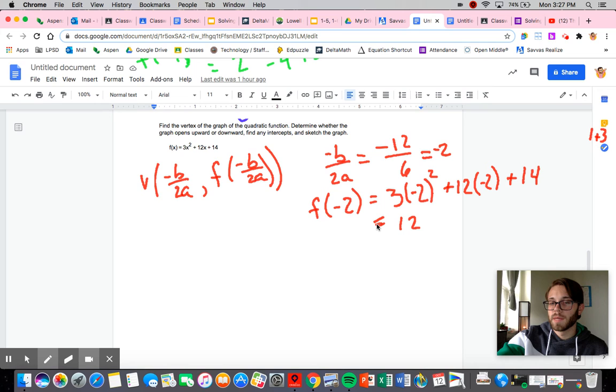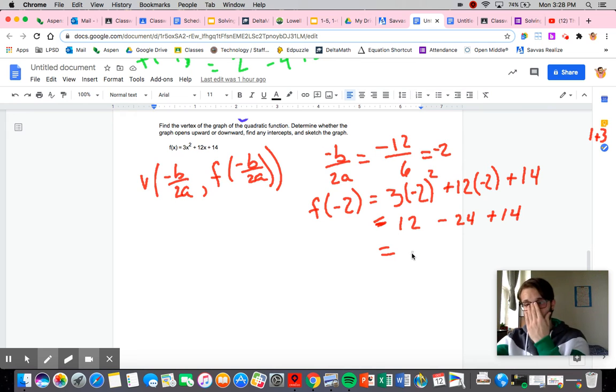Then 12 times negative 2, which is negative 24, plus 14. So we have 12 plus 14 would be 26. 26 minus 24 is 2. So my vertex is going to be negative 2, 2.